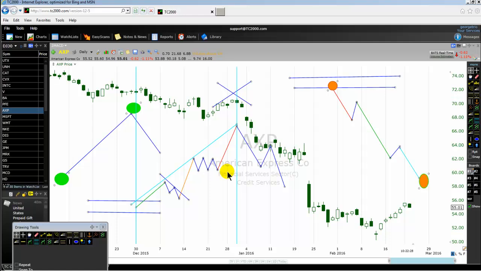For instance, if we're talking about ABC, the flat correction, the C part of the flat correction usually fools traders into thinking that it is an impulsive wave. Sometimes they will see five waves, say 1, 2, 3, 4, 5, but that wave is not an impulsive wave. It's a corrective wave, a C wave of a flat correction.